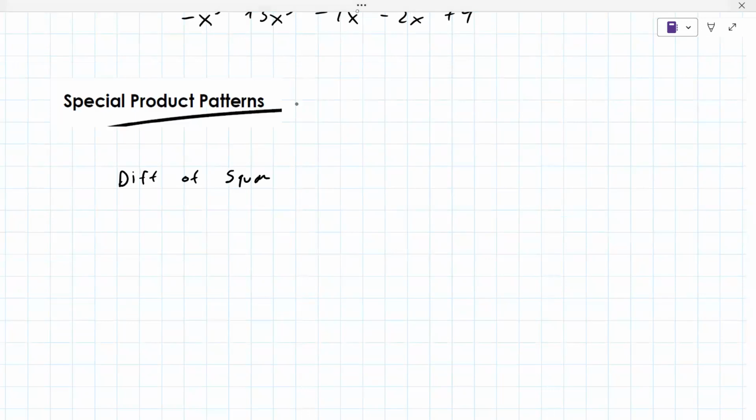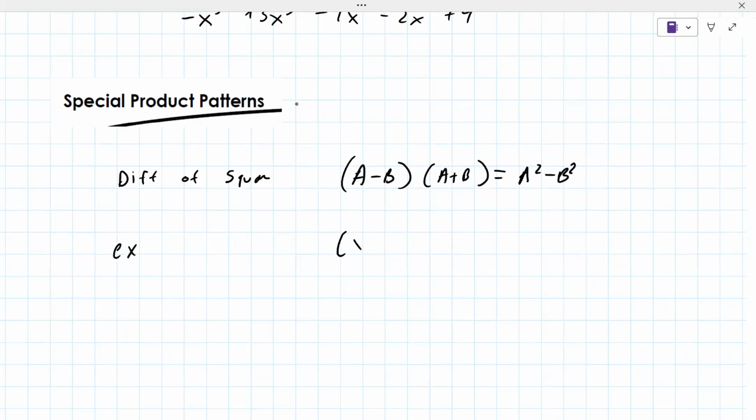That's a minus b times a plus b equals a squared minus b squared. So the trivial examples, let's do some examples here. It's like x minus 1, x plus 1 becomes x squared minus 1.